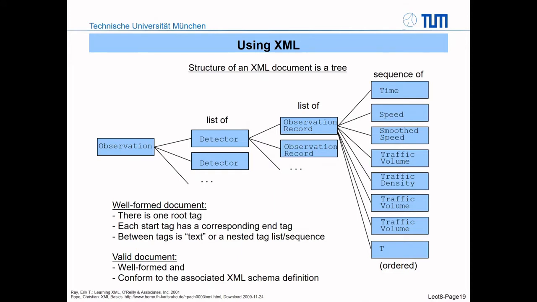If you have an additional definition, an XML schema definition or DTD definition, where XML schema is much better because it describes more than that, then you really have a valid document, because then a browser or another tool or a library can automatically check the grammar and check if everything is correct. It's like a parser or like a compiler in a normal computer language.